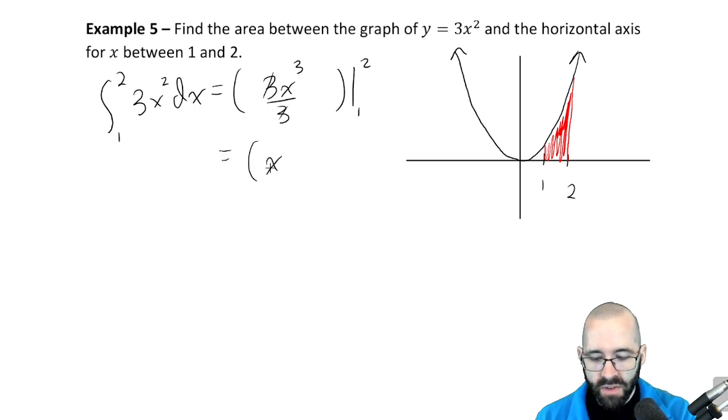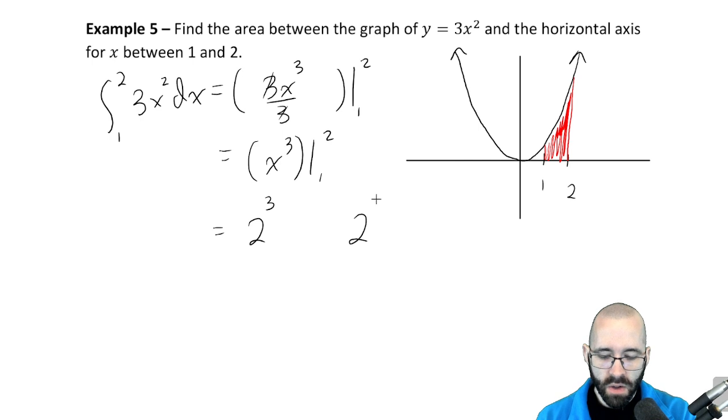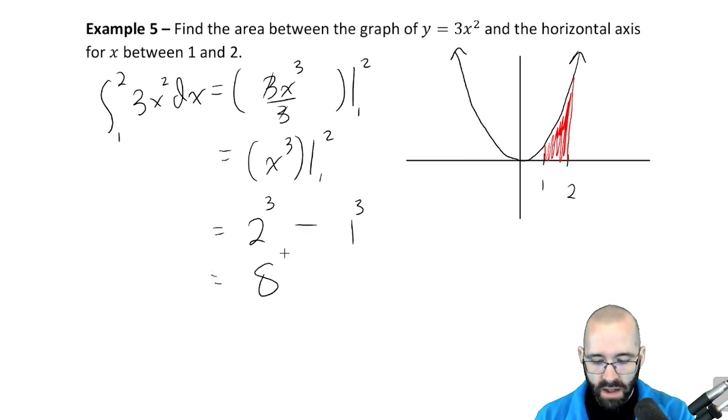It simplifies, and our antiderivative is just x cubed, evaluated from 1 to 2. So we plug in 2. We plug in 1. And we subtract them. We'll get 8 minus 1, which is 7.